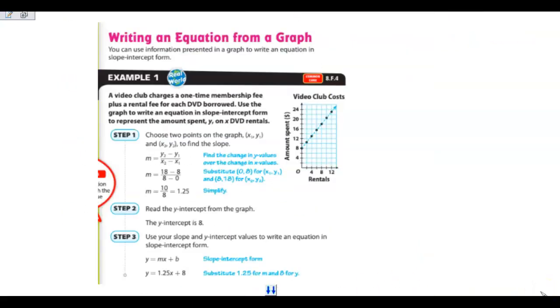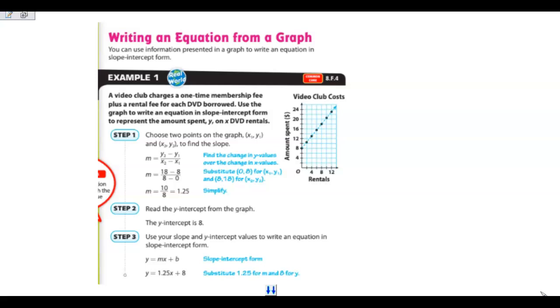Writing an equation from a graph, you can use information represented in a graph to write the equation in slope-intercept form. So by just looking at the graph, we can pull out information such as the y-intercept, and we can also pull out information such as the slope.